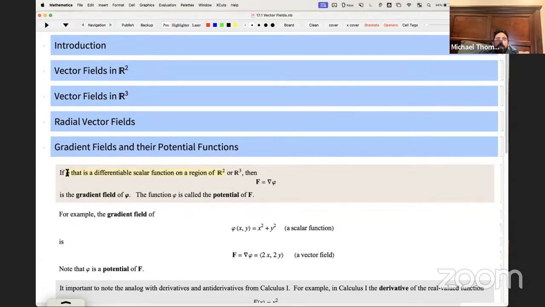You can create a vector field out of that scalar function. All you have to do is take the gradient operator of phi. And if you think about what that is, let's see, it was Nabla.